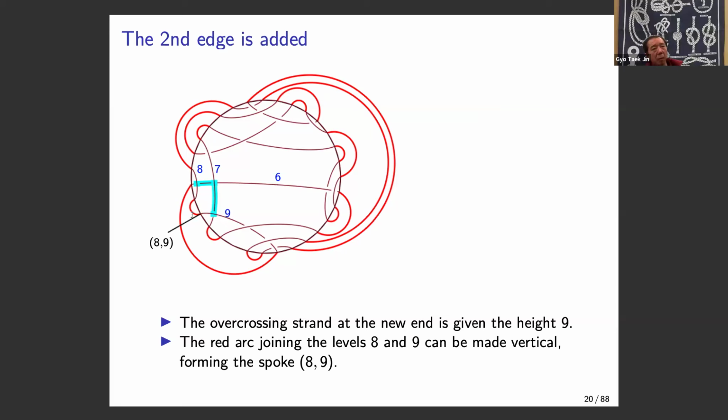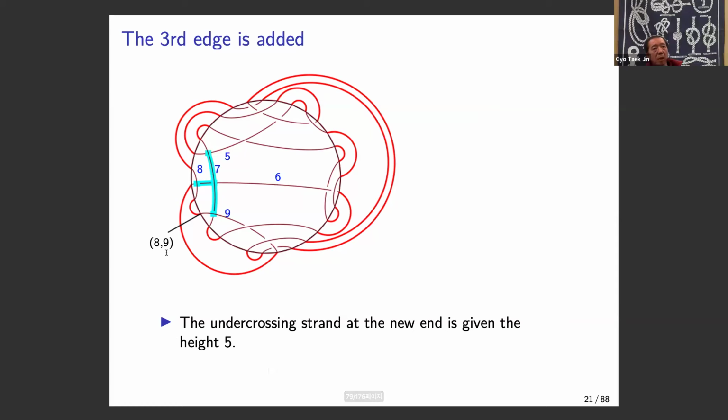This arc outside the tubular neighborhood has both ends at 8 and 9. So we get a spoke with the boundary information 8 and 9. And then we keep going like this.